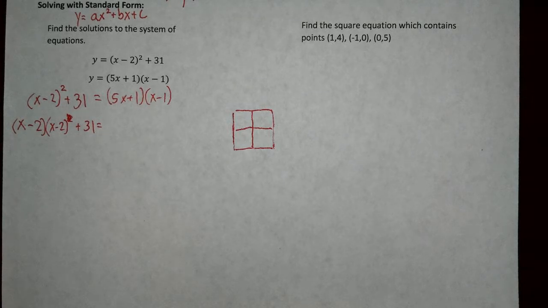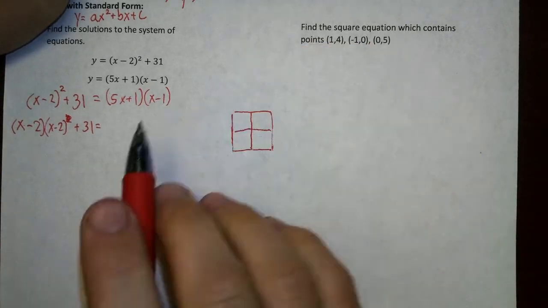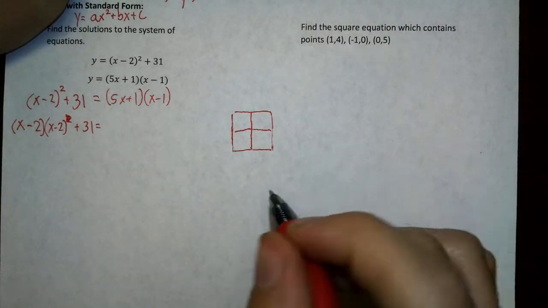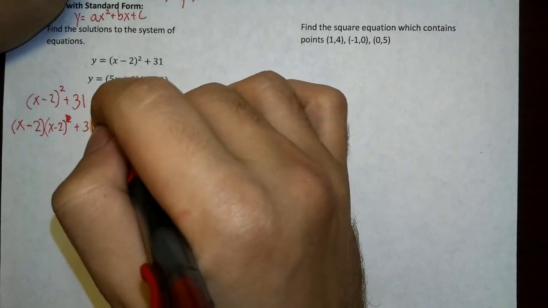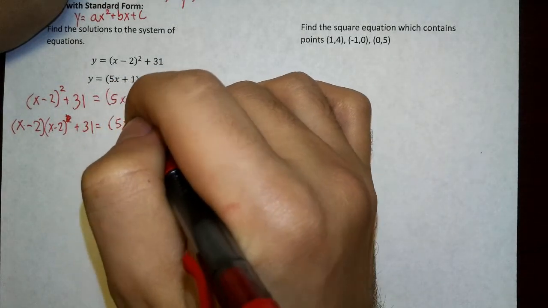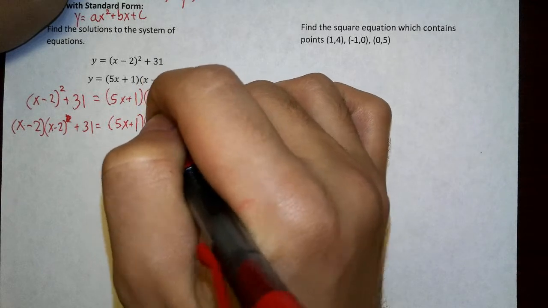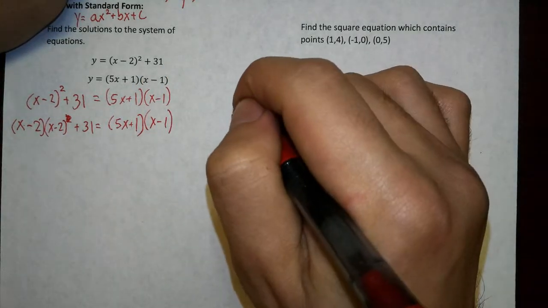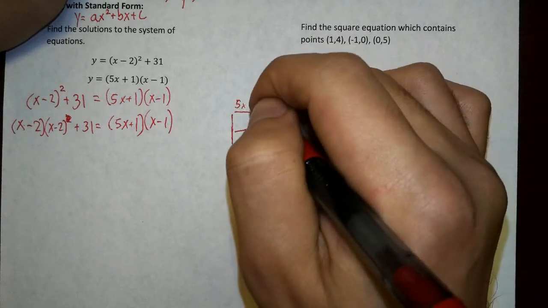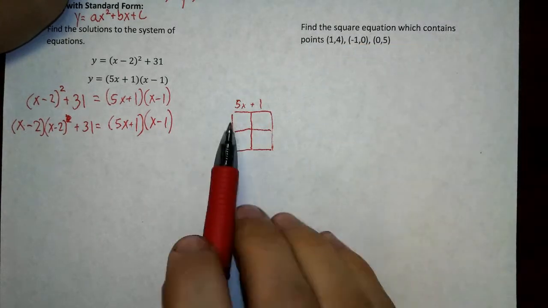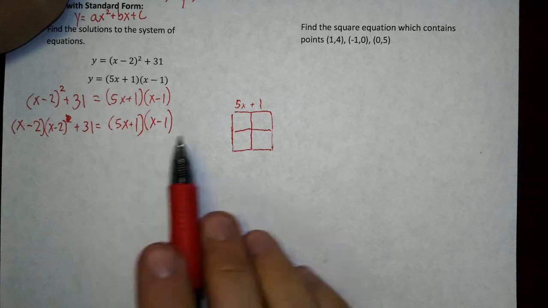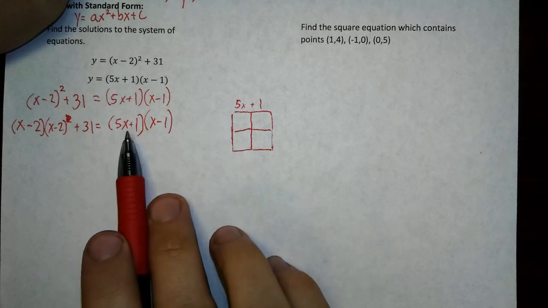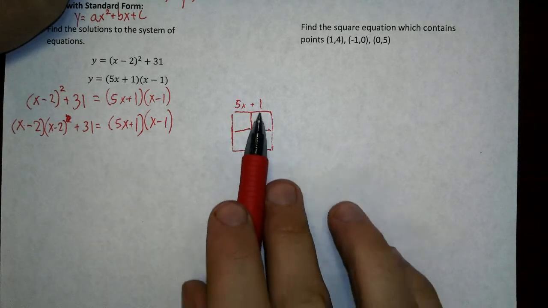All right, so we're going to go ahead and do this binomial multiplication with box method. I'm just filling this in so it's aesthetically congruent. We're going to write 5x plus 1 up here. One of my terms, the 5x term, gets this column, and then my 1 term gets this column.